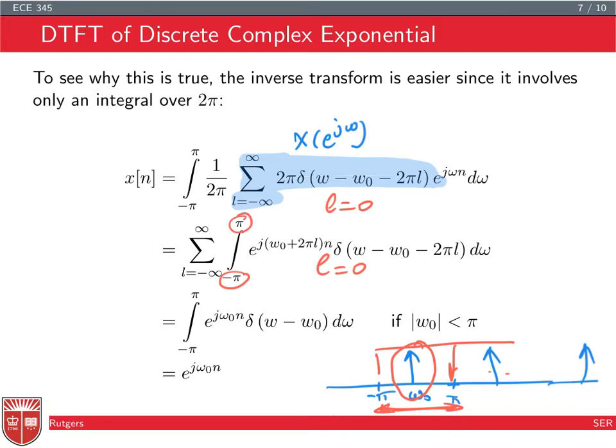And for L equal to 0, what I get is the integral of e^{j omega n} times delta(omega minus omega 0) d omega, and this will give me e^{j omega 0 n} at the end. So x of n is exactly the complex exponential that I started with, which means that the formula is correct.